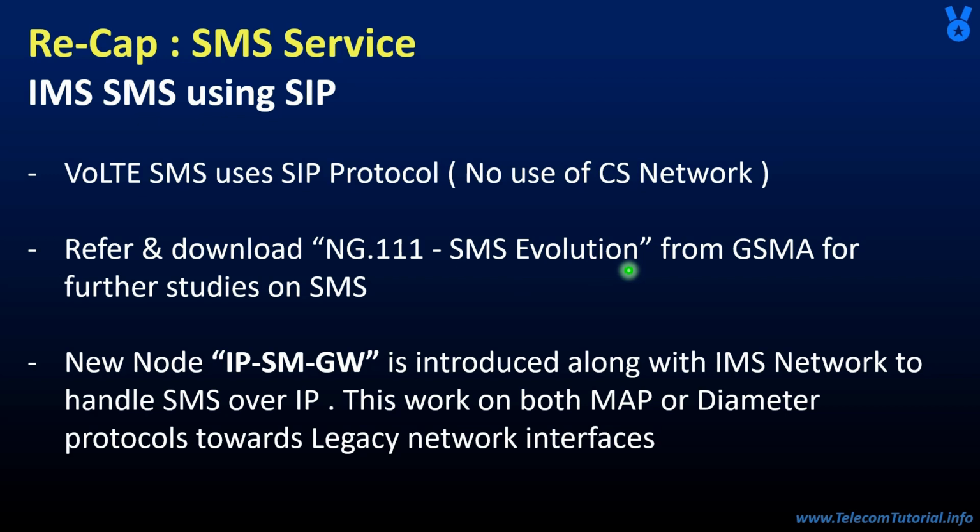This is going to take you to the next level of learning, where you can do further studies in order to grow your knowledge in this particular domain. This is a very good document. A new node, IPSM gateway, is introduced along with the IMS network to handle SMS over IP. This works on both MAP or Diameter protocol toward the legacy network interfaces.